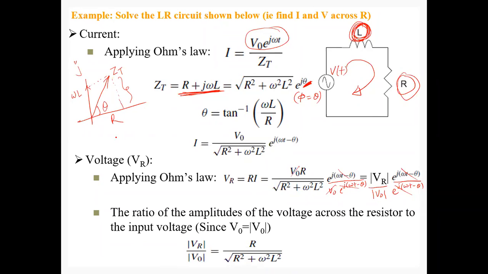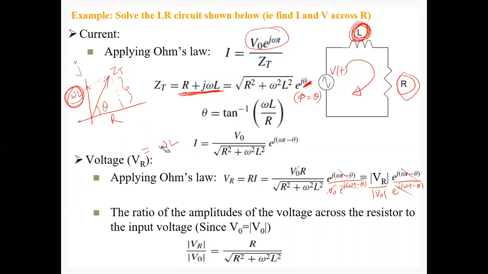You multiply by the conjugate, G star, and take the square root. The j times minus j gives j squared, so you get omega L squared, then take the square root and you simply get omega L. You don't have to do all this every time, but just to show you how you get it.